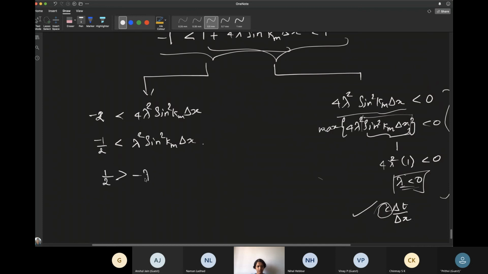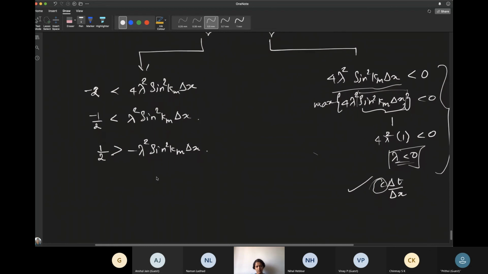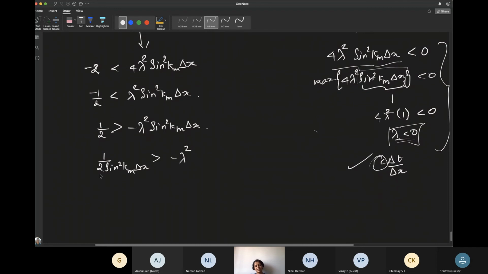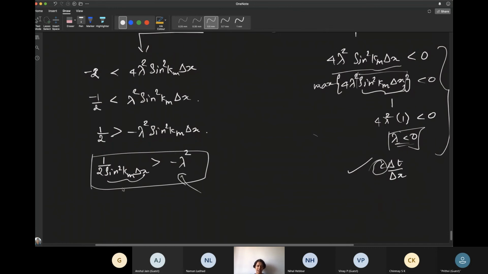making it the other way. So can this be possible? You are getting something like this. Will this be possible? Because sine squared km delta x is always going to be positive, and 1 by 2 is always positive.